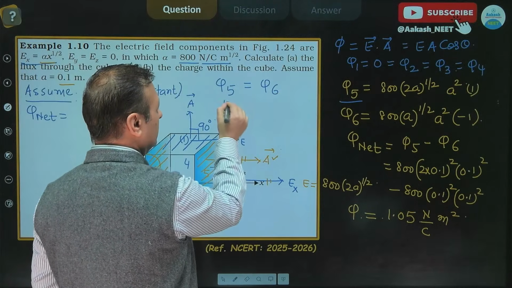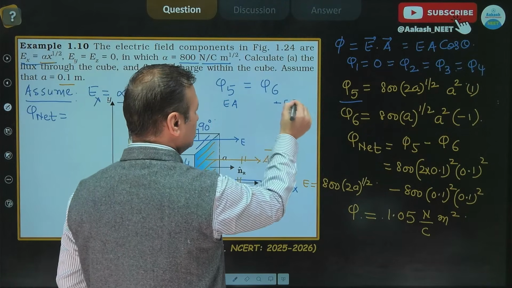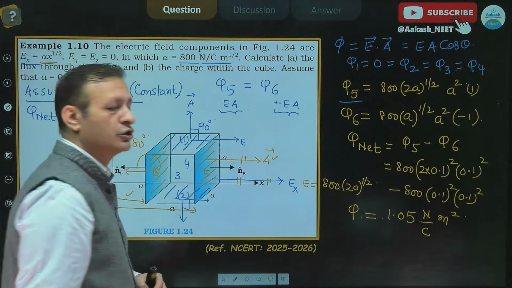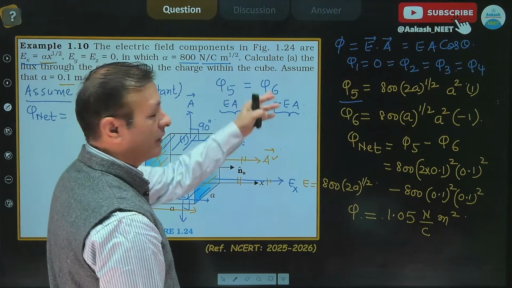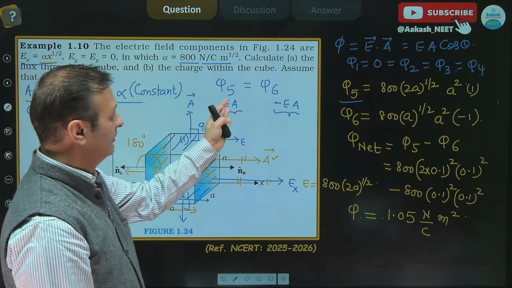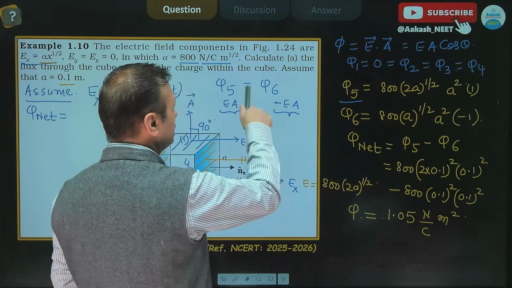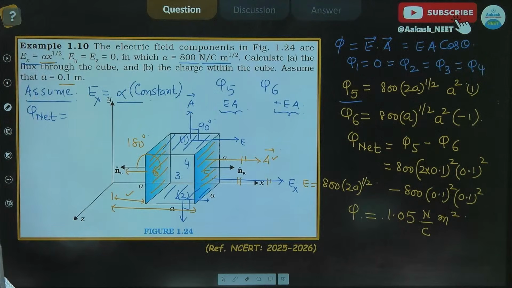So this would be EA cos 0, but this would be minus EA. What you will observe is that they are the same in magnitude, but have opposite sign because cos 180 is there.